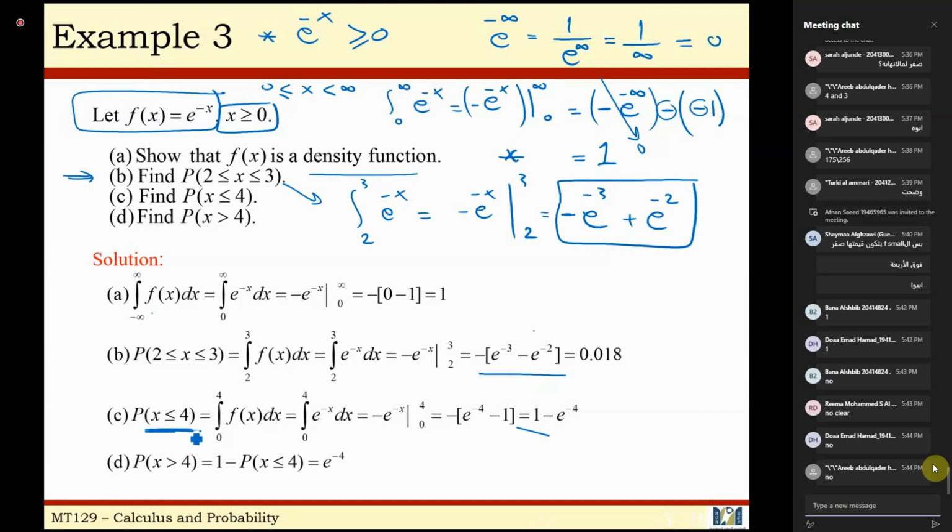Also, if we have less than 4, so from 0 to 4, because x is greater than 0. Greater than 4, from 4 to infinity.